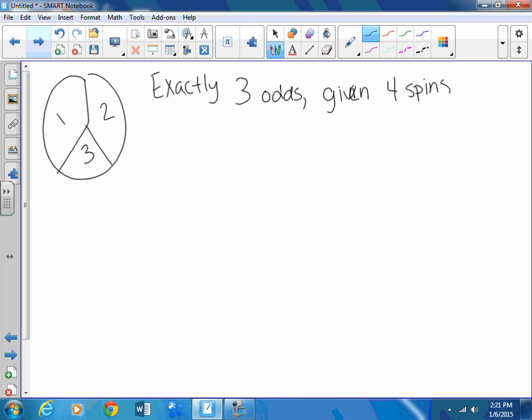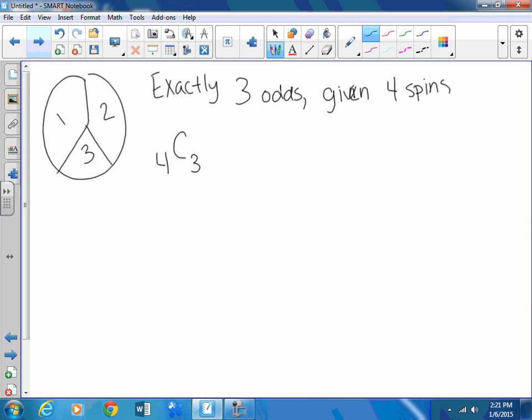Okay, I'm not going to go ahead and list all these out. Let's think about this. I've got 4 spins, and I'm looking for different combinations of getting exactly 3 odds. That's going to be 4C3.